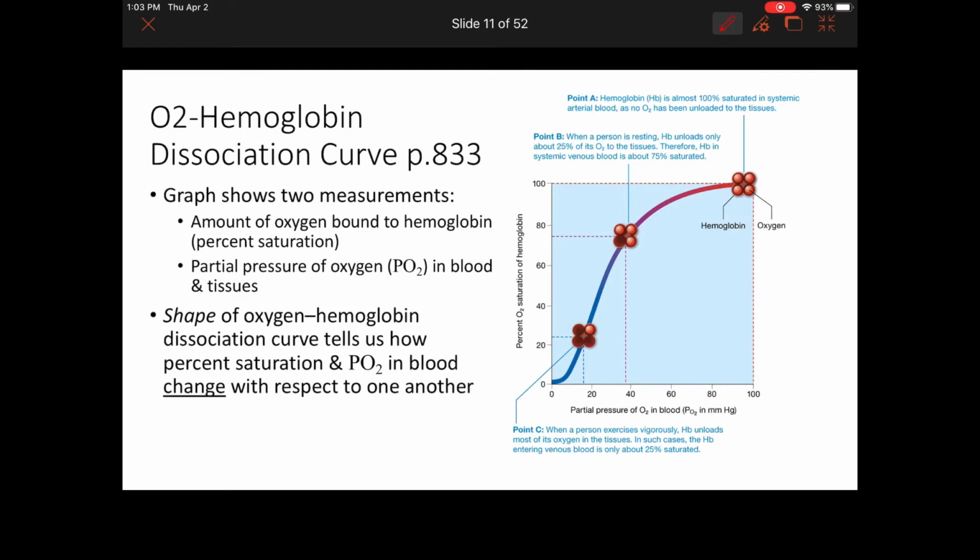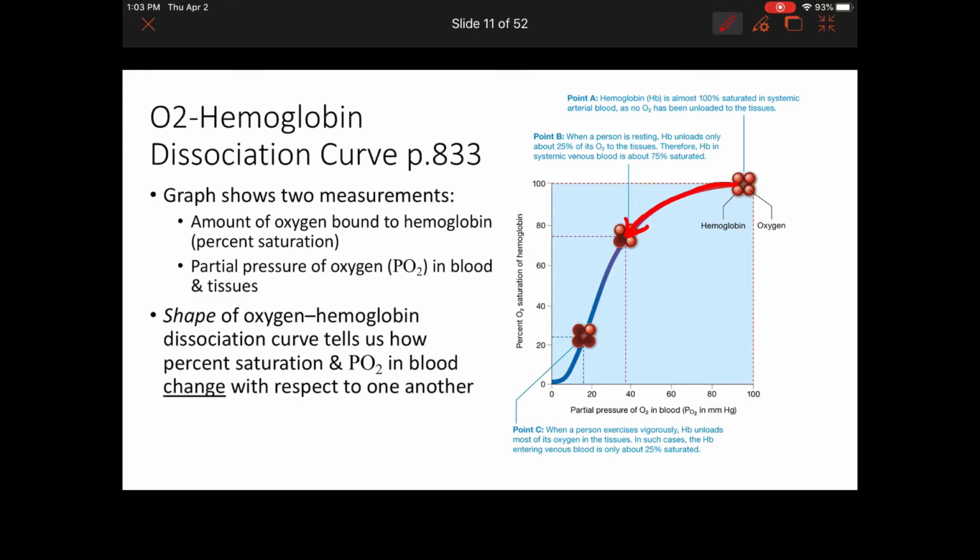And if we look at this graph here, what we saw previously is that the reduction in oxygen saturation of hemoglobin declines about 25%, about 1/4.